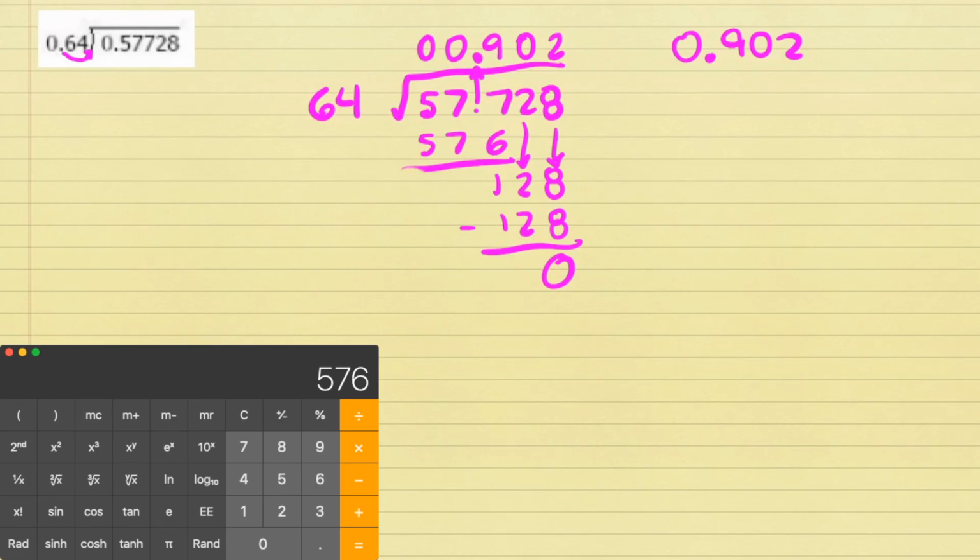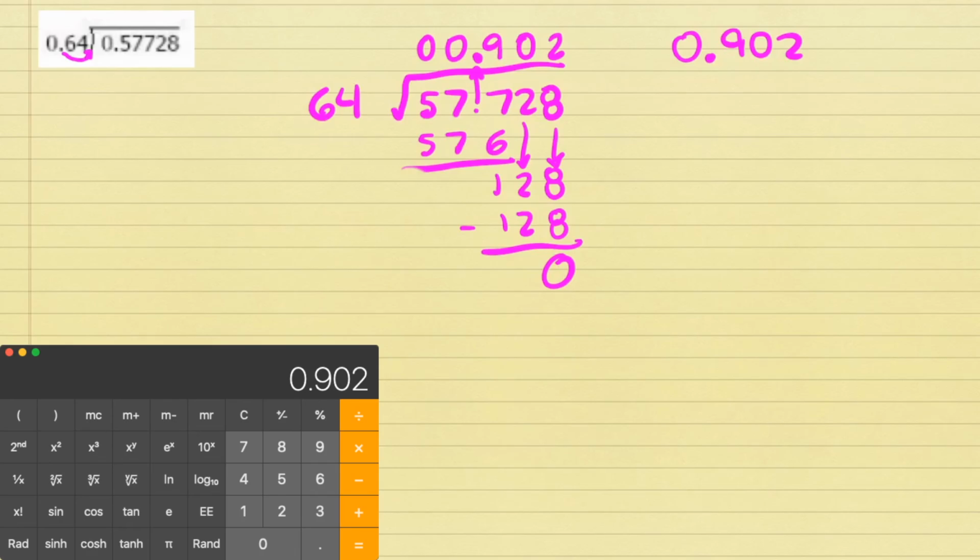Now, let's take a look at the calculator here, and let's see what we have. So, we have the number inside the house is the number I'm going to type in first. We have the 0.57728, and I'm going to divide by 0.64. Because again, you always type the number that you're dividing by, on the outside, last. 0.902.